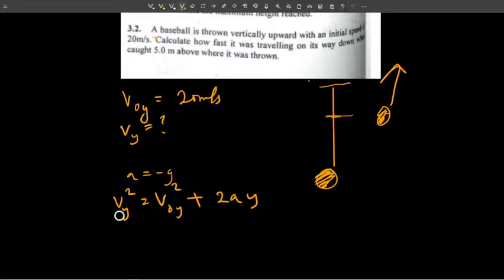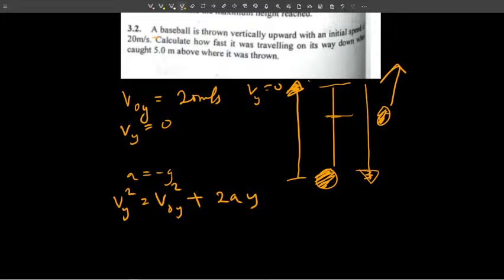Okay, so let's go. We don't have our V as well, but it went to maximum height. So when the body was going up, it stopped at maximum height, and at maximum height, V is zero. So let's deal with the fact that it is going up first, then deal with the fact that it is coming down.